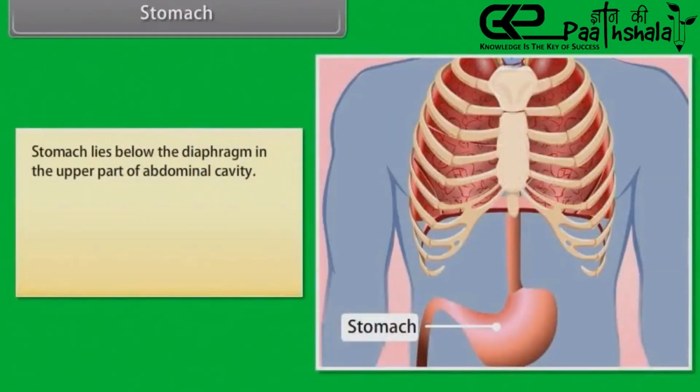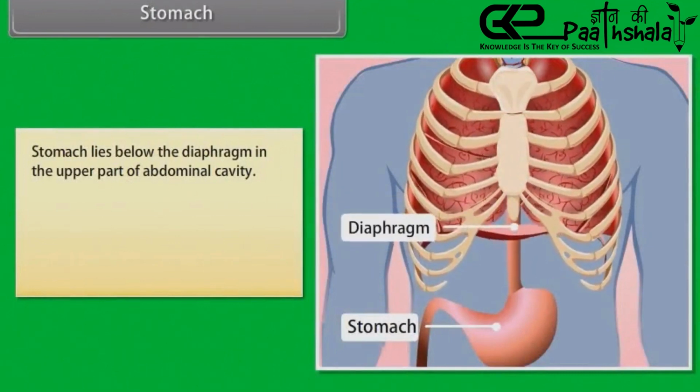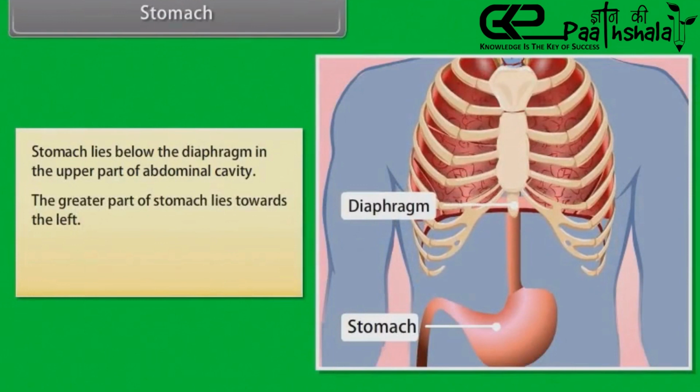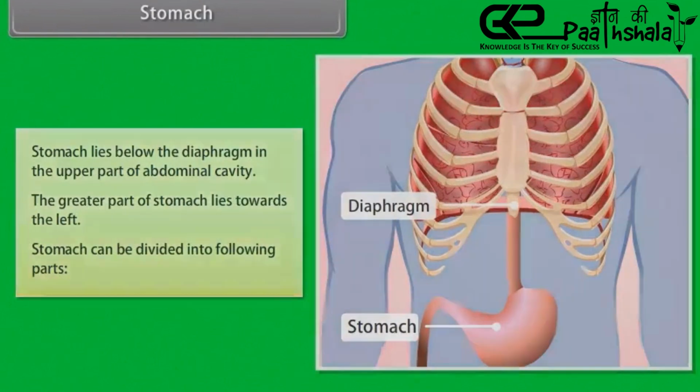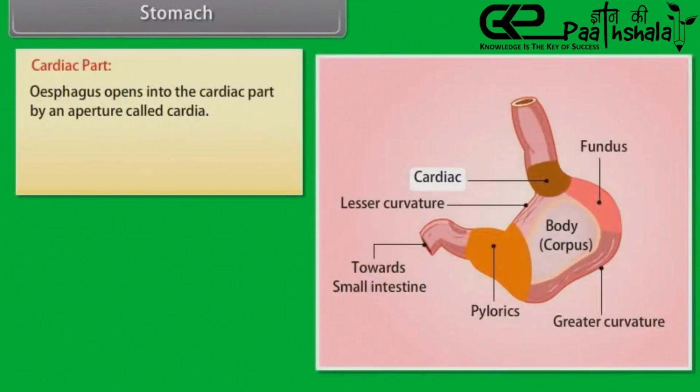Stomach. The stomach lies below the diaphragm in the upper part of the abdominal cavity. The greater part of the stomach lies towards the left. The stomach can be divided into the following parts. Cardiac part. The esophagus opens into the cardiac part by an aperture called cardia.